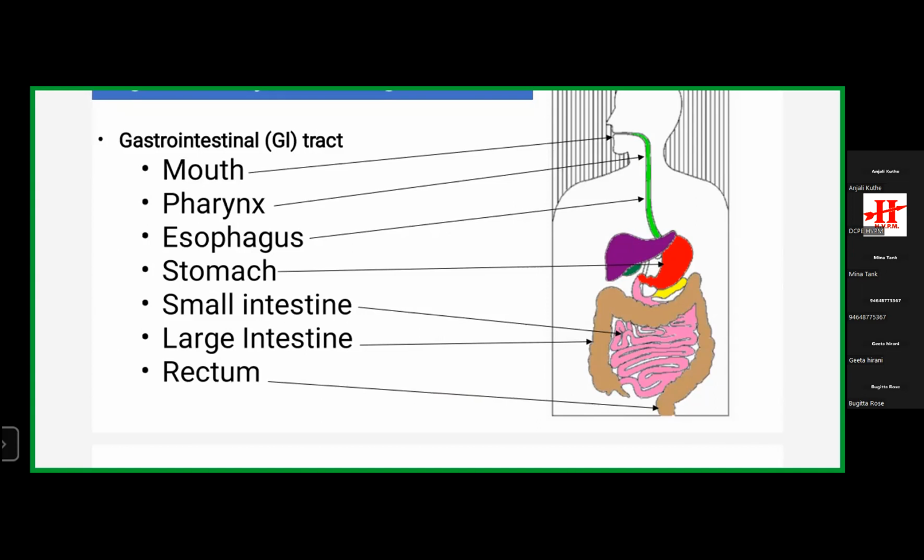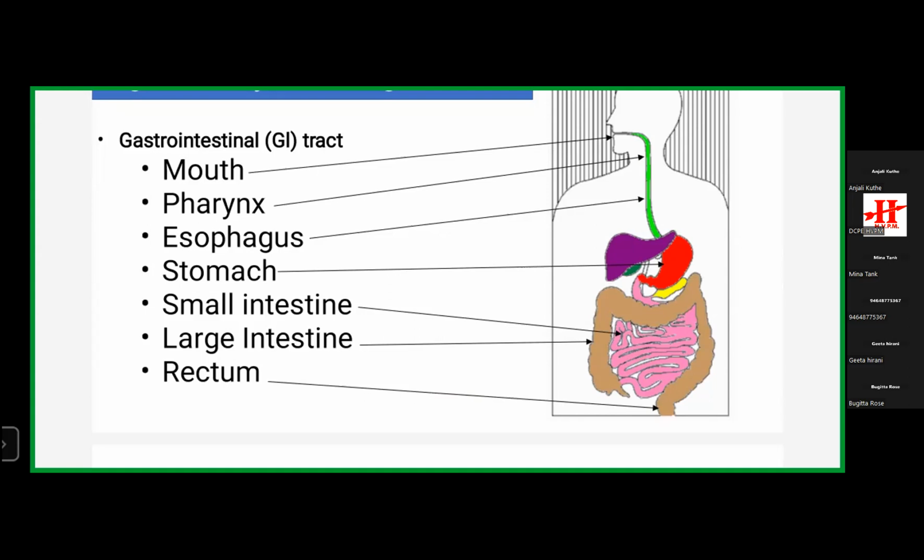Now from the esophagus, the food in the form of bolus enters the stomach. Then we have seen the structure of the stomach, a J-shaped hollow muscular bag-like structure, the temporary reservoir of food, having two ends, the border, the fundus, the body. All parts we have seen in the last lecture.